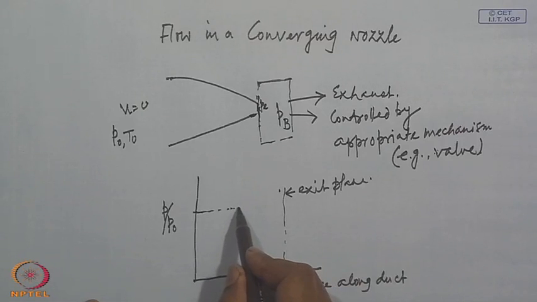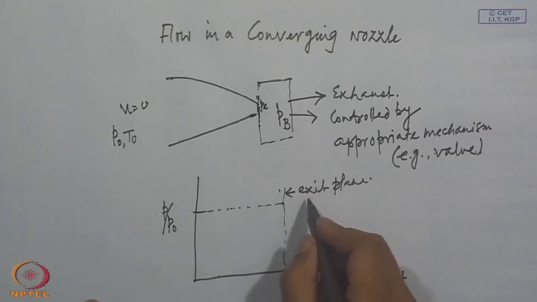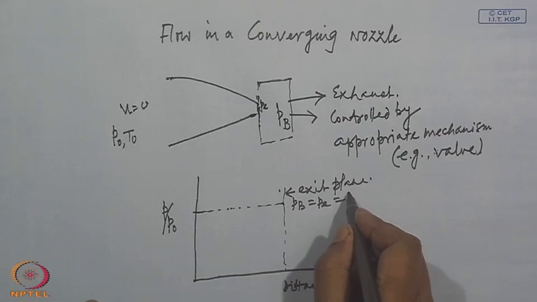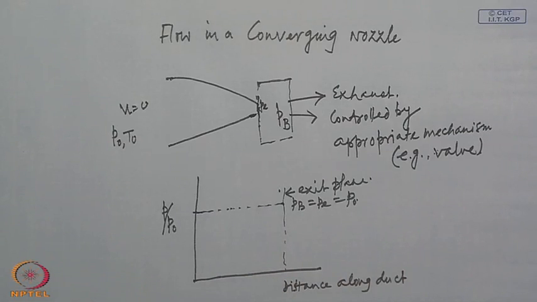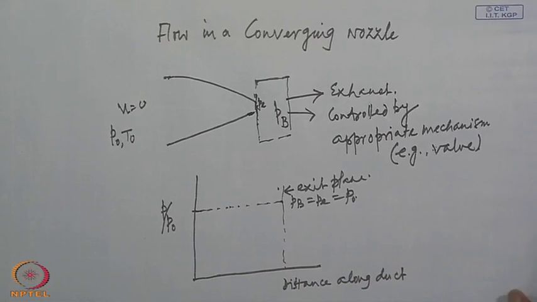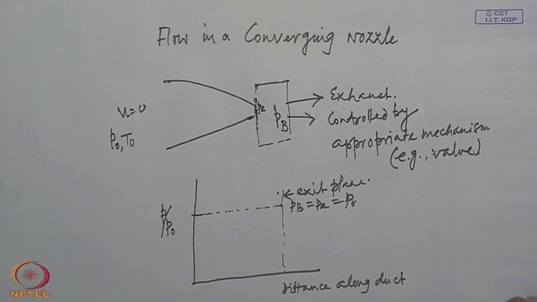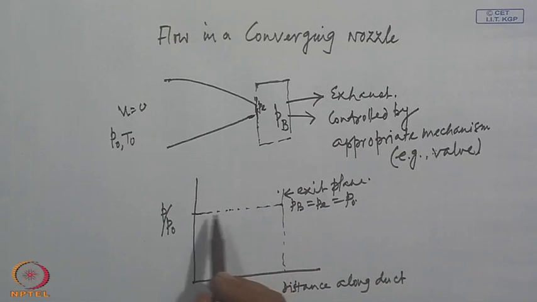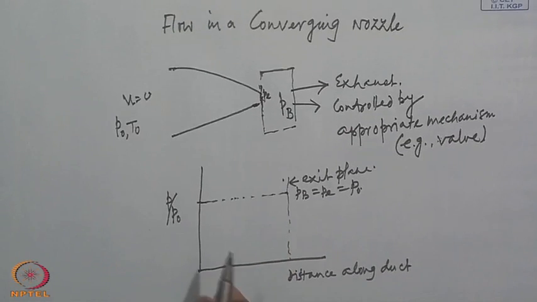When P b equal to P 0, P b equal to P e equal to P 0, definitely there will be no flow, because in inviscid flow the pressure gradient is the only driving mechanism, and since there is no pressure gradient there will be no flow.